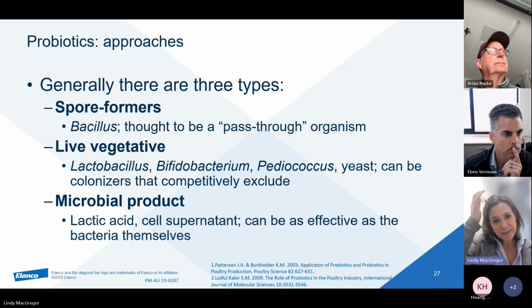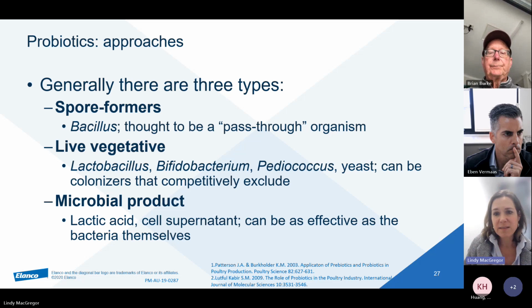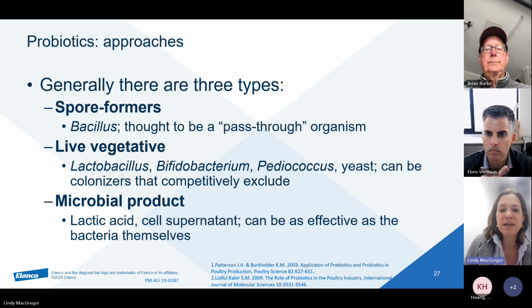We can classify them into three types. The spore formers, which is the group that Correlink falls into. Of course, these tend to pass straight through the gut of the organism. They have their action in the gut, but then they pass out. They don't actually colonize the gut as such.